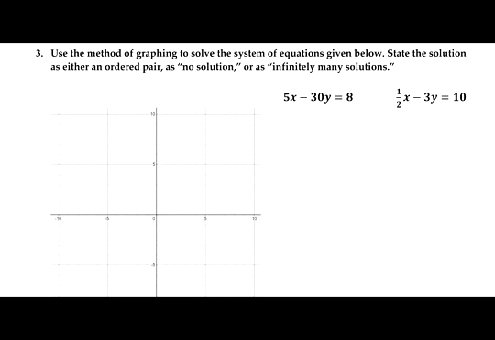Again, we have two lines to graph, so let's solve for y. Subtract 5x from both sides. That will cancel the 5x's. Negative 30y, we bring that down, is equal to negative 5x plus 8. And divide by negative 30 so we could solve for y, get y by itself.